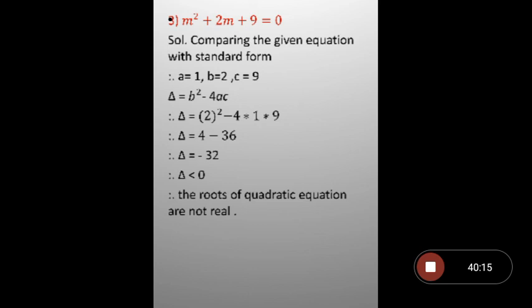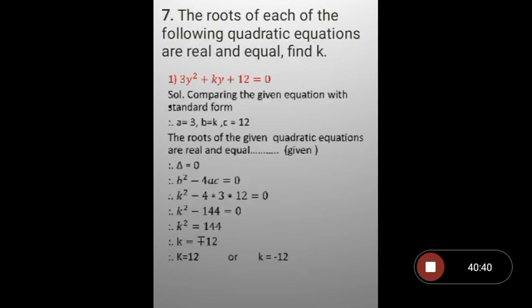Square of 2 is 4 minus 9 fours are 36. Obviously here the bigger number's sign is minus, therefore delta is minus 32. Hence delta is negative, that means delta is less than 0. So we can say the roots of the quadratic equation are not real.